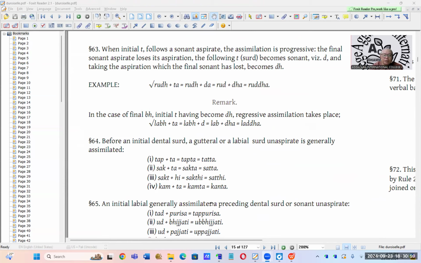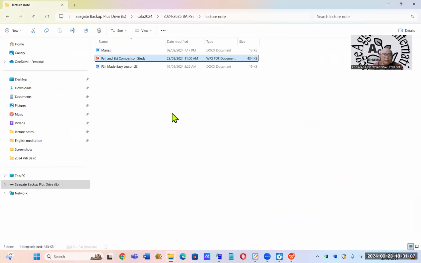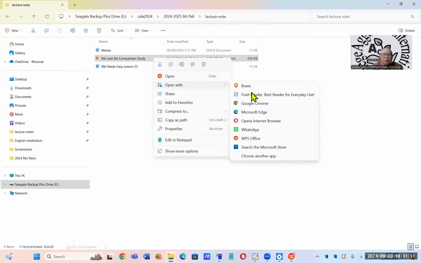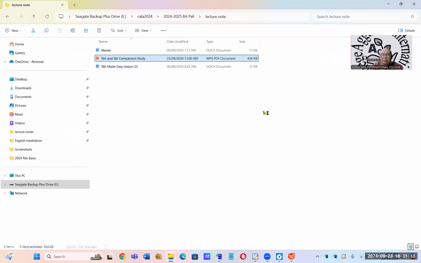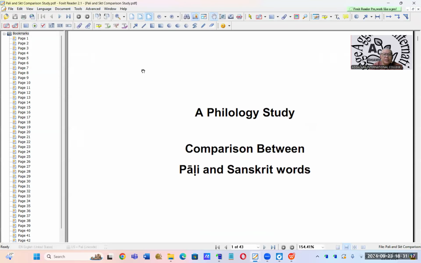So later I read another book, but recently some of the students from my university asked me to share the document of this one. I actually studied at master level, but it's very interesting, and it explains the changes, because remember Pali is something to do with Sanskrit.